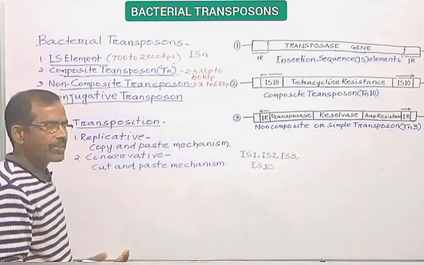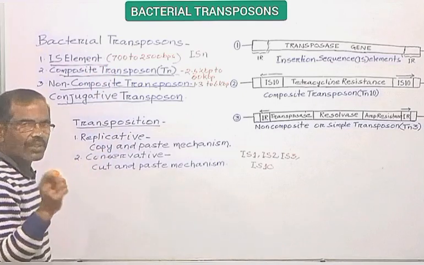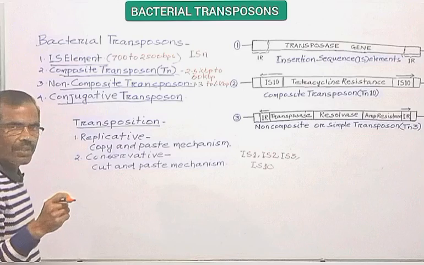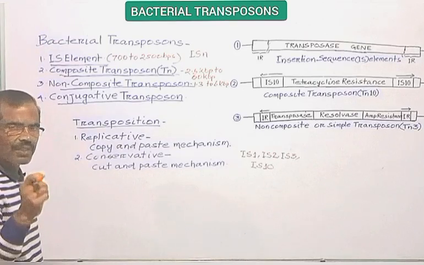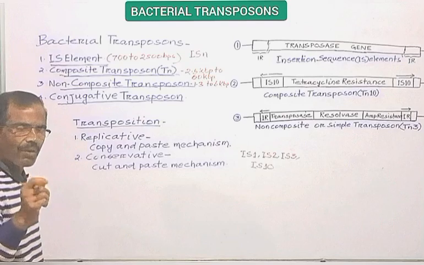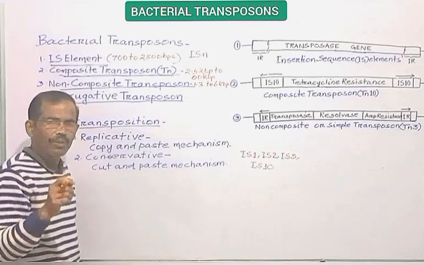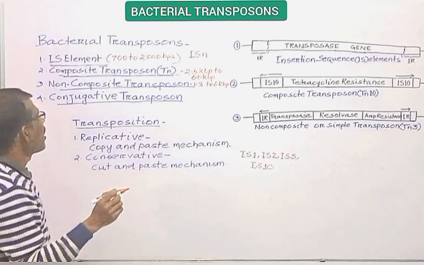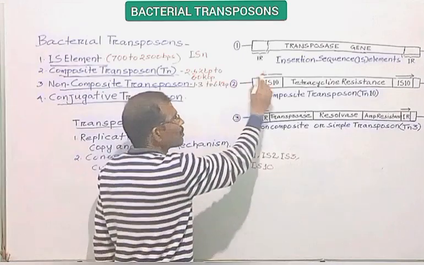First one is the insertion sequence element, also known as insertion sequence or insertion element. Insertion sequences are the smallest and simplest transposable elements that are predominantly found in prokaryotic genomes. These mobile elements are 700 to 2500 base pairs long.